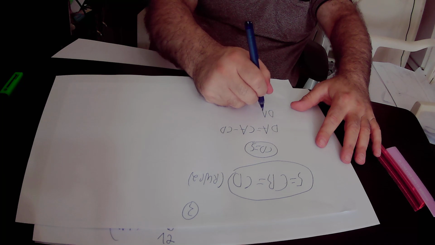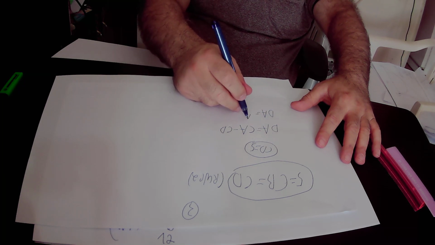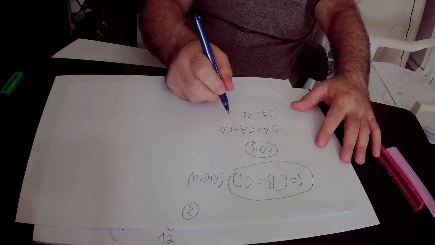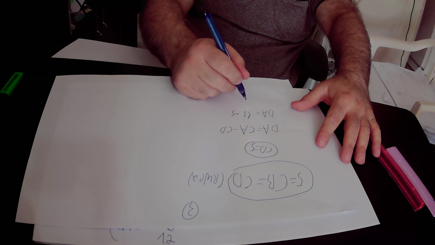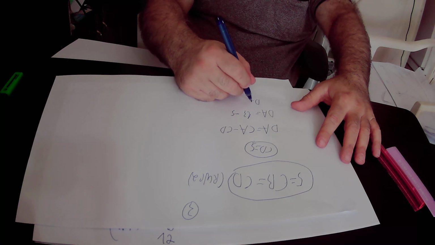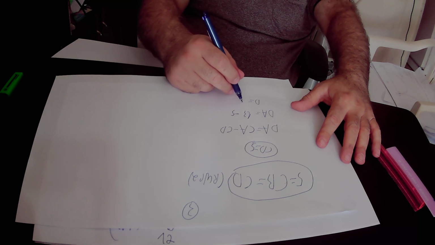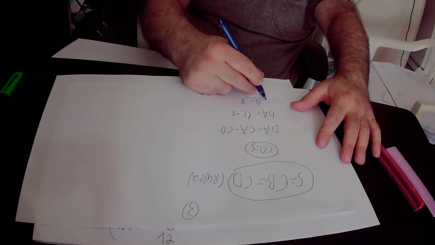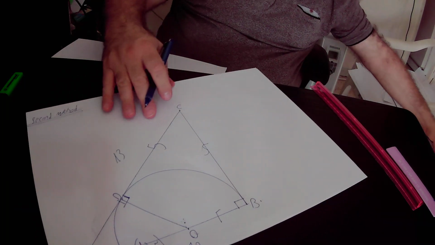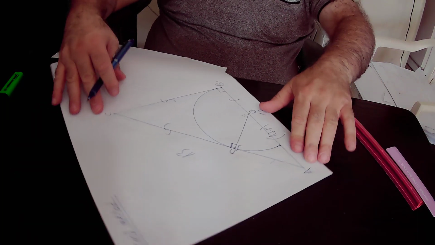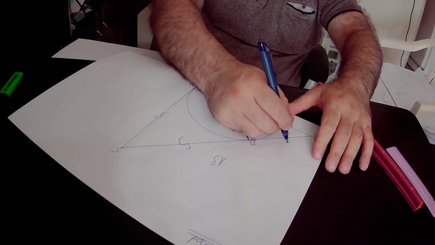So DA equals 13 units minus CD, and we just found out that CD equals 5 units. So in conclusion, DA equals 13 minus 5. That is to say it equals 8 units. DA equals 8 units, we can write here that DA equals 8 units.